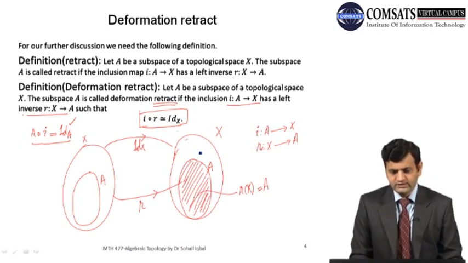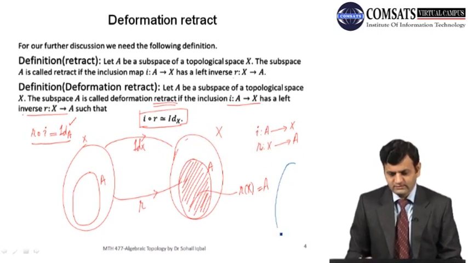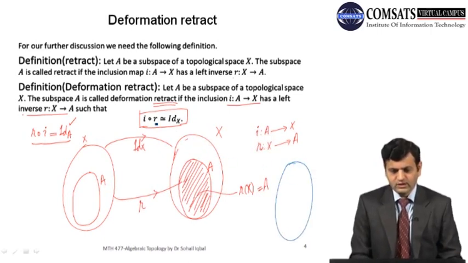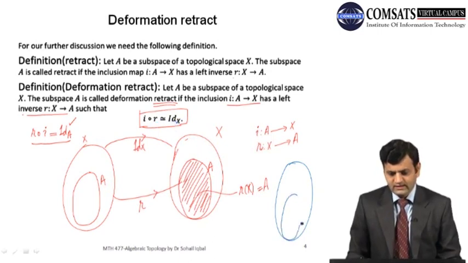So in other words, X is the image of the identity map, and A is the image of the map I composition R, and they are homotopic.